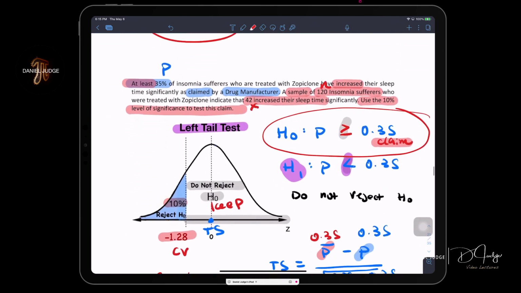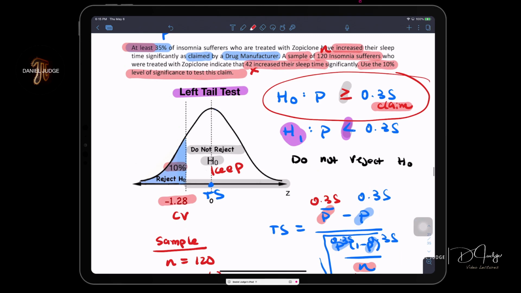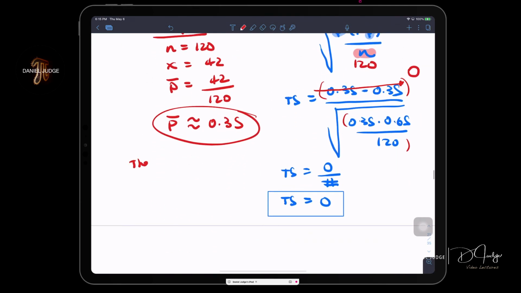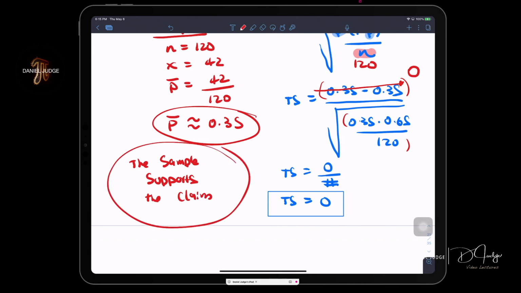But over here, by keeping the null, we are keeping the claim. The sample supports the claim. Now, this is an answer I'm going to be looking for on a test.